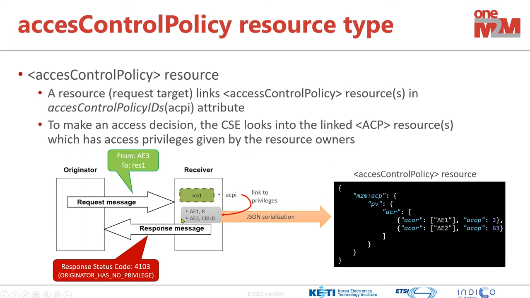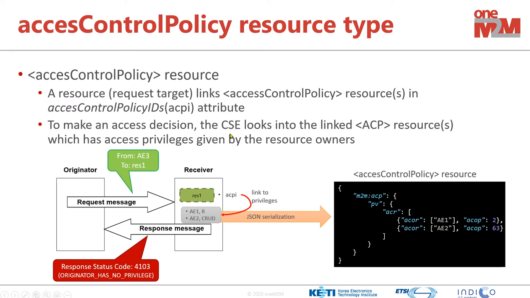So I said this is the access control policy resource, and in short we have a key like m2m:acp, and we have privileges, and each privilege has access control rules, and each rule has the originator and the operation that is allowed. So this is in fact serialized and represented like this.